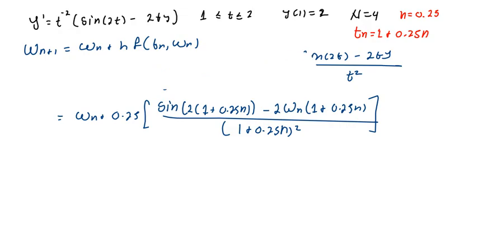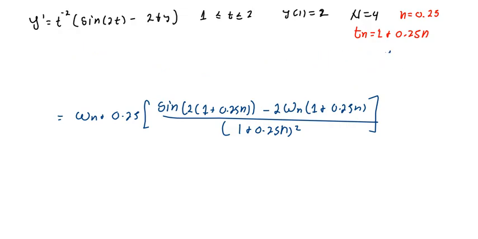Let me write it in a neat way. Here we have determined that w sub n plus 1 is w sub n plus 0.25, which is our h.